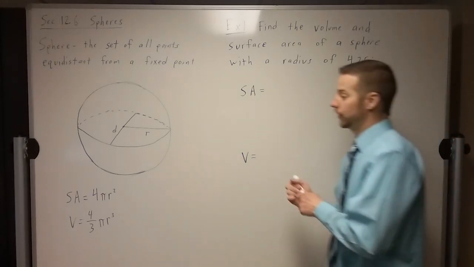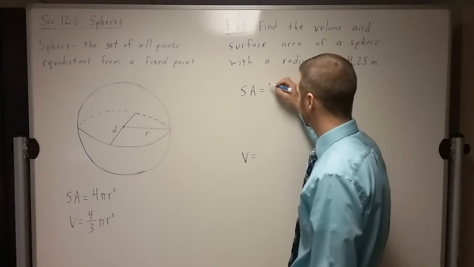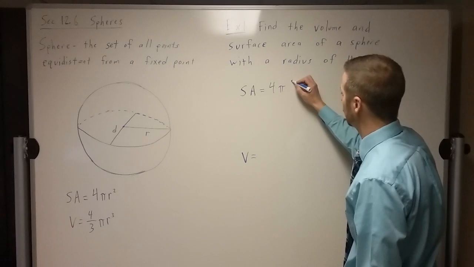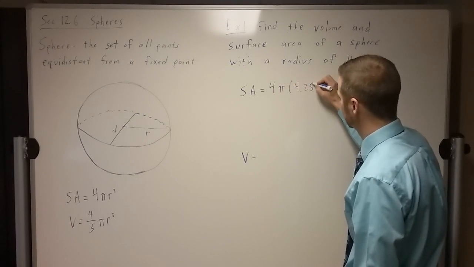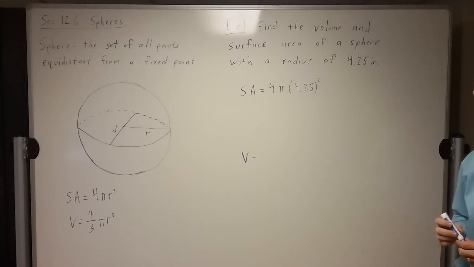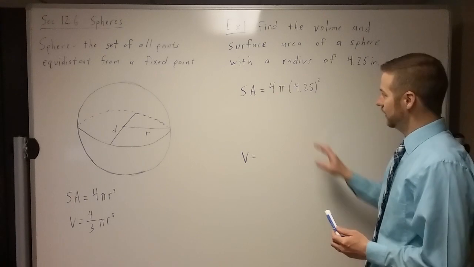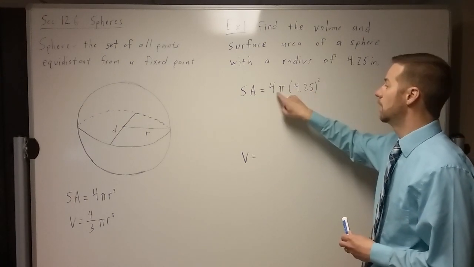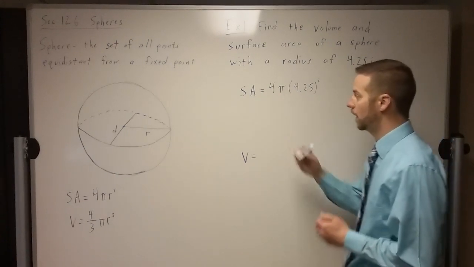So let's see if we can find the surface area of this thing. Surface area is 4 pi r squared. R in this case is 4.25. So we get something like this, 4 times pi times 4.25 squared. If you wanted to leave this in terms of pi, you could do that. I'm going to get it as a decimal this time, but you could square that, multiply it by 4, be that number times pi.